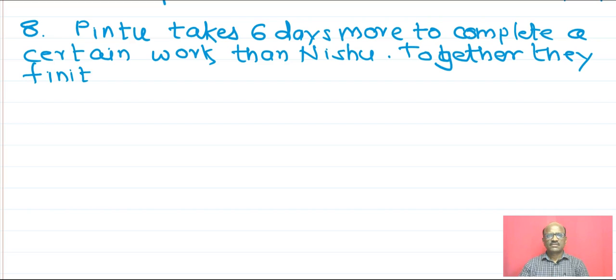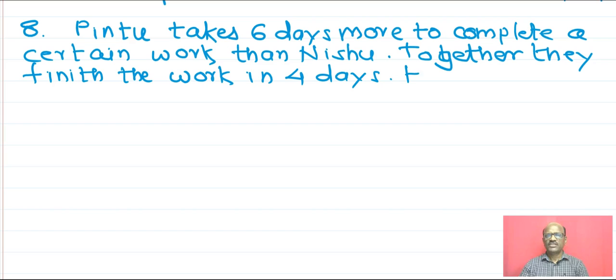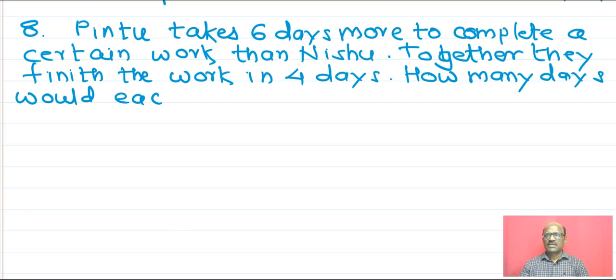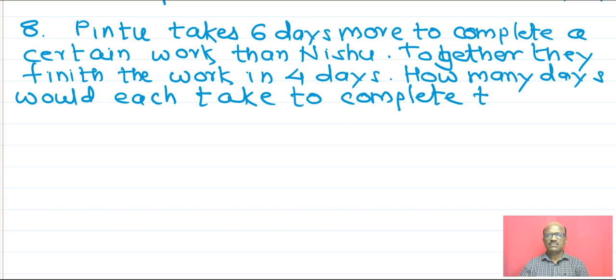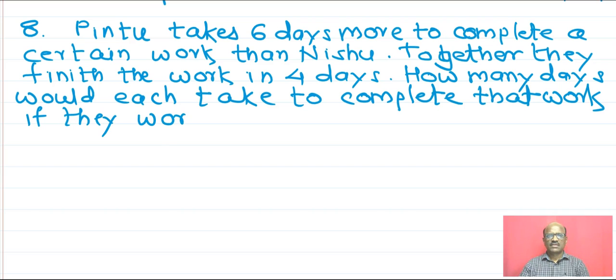Together they finish the work in 4 days. How many days would each take to complete that work if they work alone?